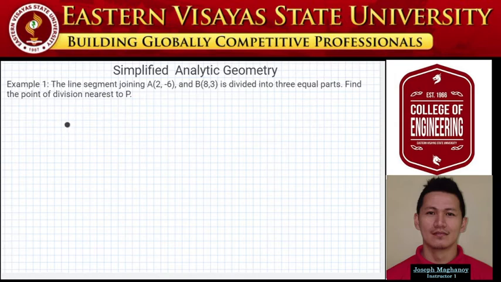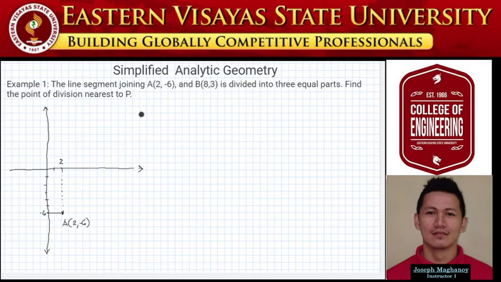For example, point A is at x equal to 2 and y equal to -6.